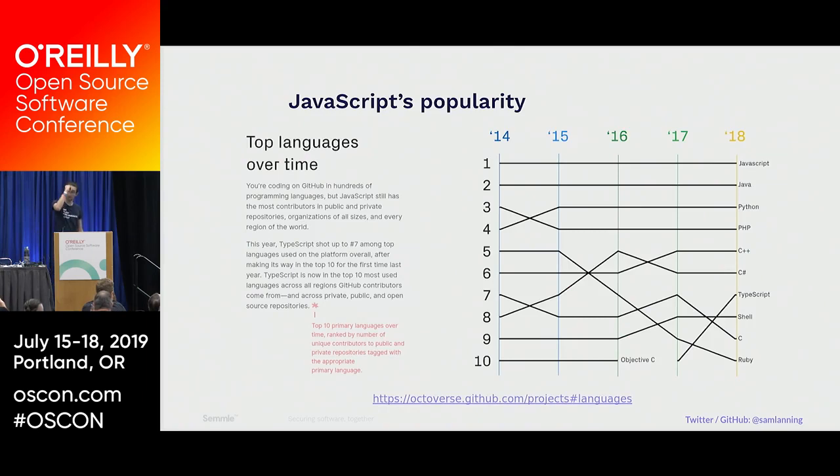So it's probably no surprise that GitHub, in the 2018 State of the Octaverse report, listed JavaScript as the most popular language on their platform since 2014. And I doubt that it's going to be any different this year.